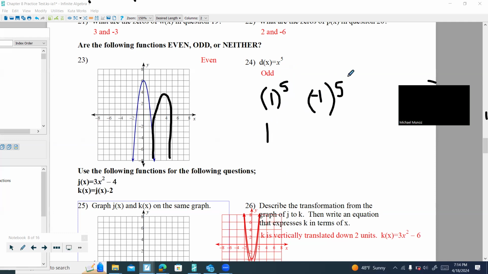And if I take negative 1 to the 5th power, since this is an odd number, you're going to come out with a negative 1. If this had been negative 1 to the 6th, then you would have come out with a positive 1. But anyway, since the signs are opposite, this is going to be odd. If we had gotten negative 1, and let's say this was a 5 or something, then it would be neither, since the numbers aren't the same.